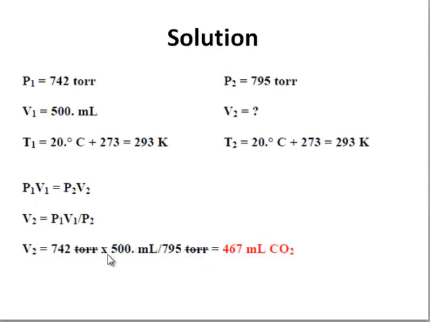The torr units of pressure cancel. And the answer is 467 milliliters. So as the pressure goes up, the volume goes down slightly, as we expect. Note that we can use torr units for pressure as long as we use them consistently. And any units as well are acceptable for volume.